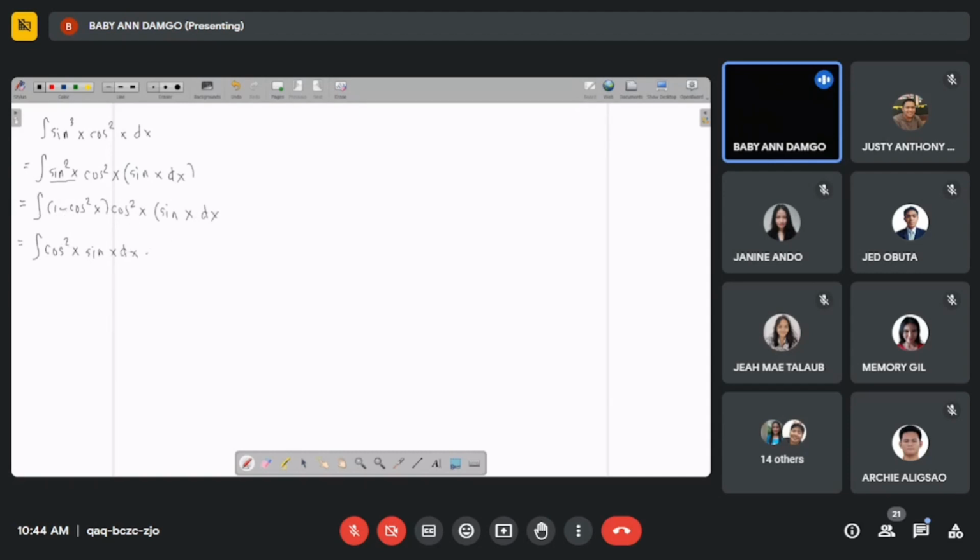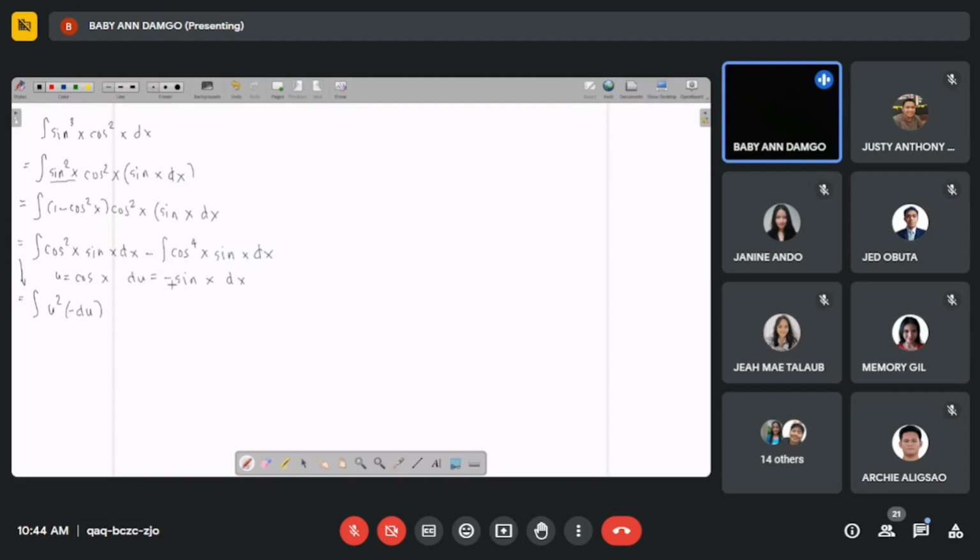So we have a negative here: cosine squared times cosine squared gives cosine to the fourth x, and then sine x dx. Now we can use substitution, in which u is cosine x, so du is negative sine x dx. So cosine squared is u squared by substitution, and sine x dx is negative du.